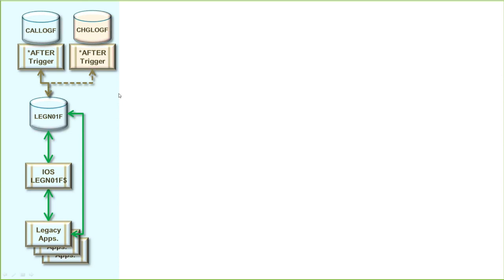where you can gradually, looking at the call log file, pick out all the legacy apps that use this file. Now, interestingly enough, once you've set this up for one file, you can set it up again for another file, and again for another file, and you can carry on doing this for multiple files.